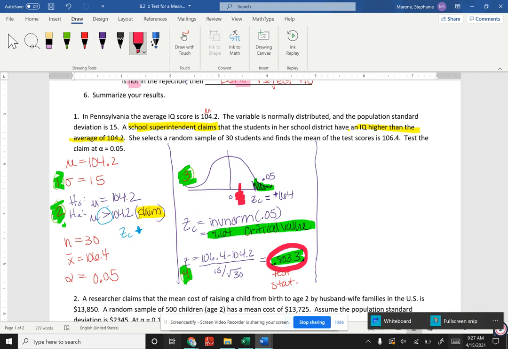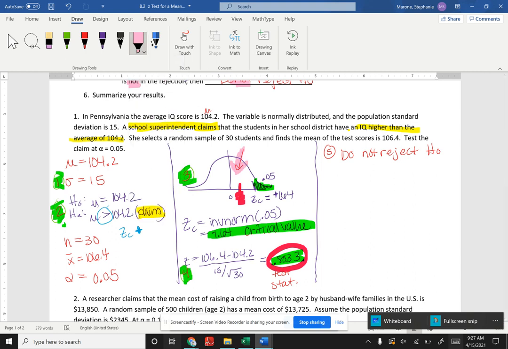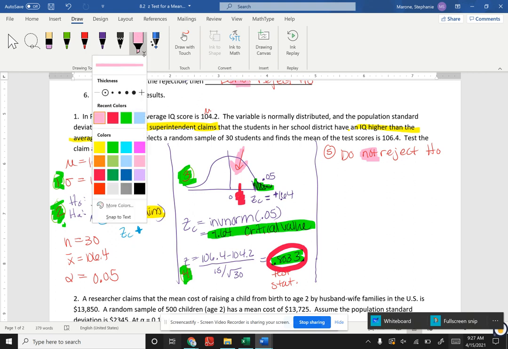Since it's less than 1.64, it falls in the non-rejection region. So step 5 is we do not reject the null hypothesis because it falls in that non-rejection region.